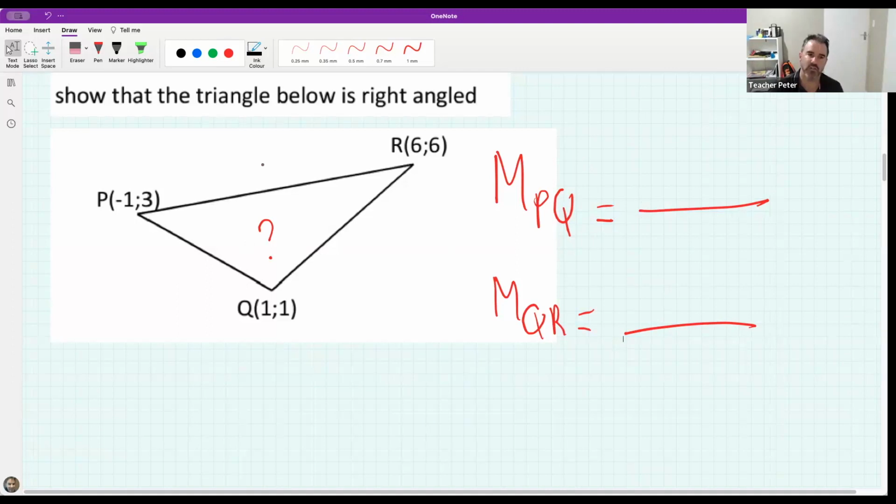I'll give them color codes so we can tell them apart. We'll call that one the green line, and we'll call this one the yellow line. What is the gradient of each of these?